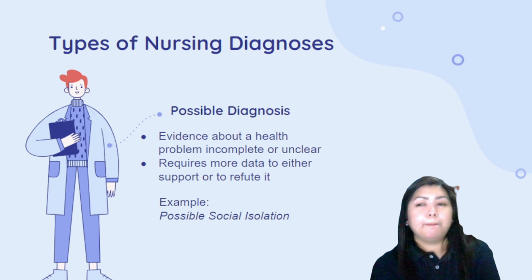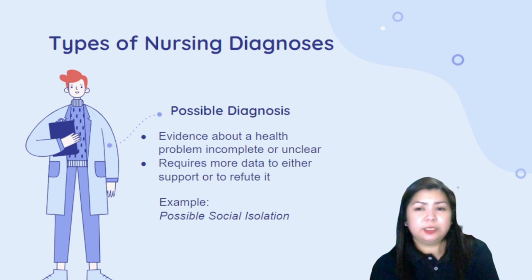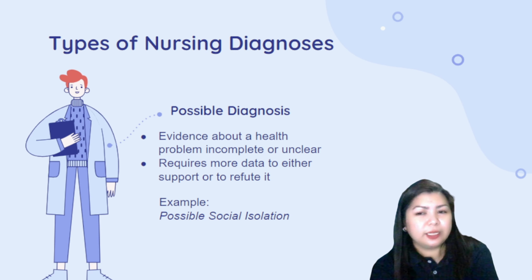Another one, you have possible diagnosis. So how does it differ from risk diagnosis? In a possible diagnosis, the evidence about a particular problem is incomplete or unclear and requires that you obtain additional data or additional assessment to either support the possibility of having this or to refute or dismiss the idea that the client can have this particular problem.